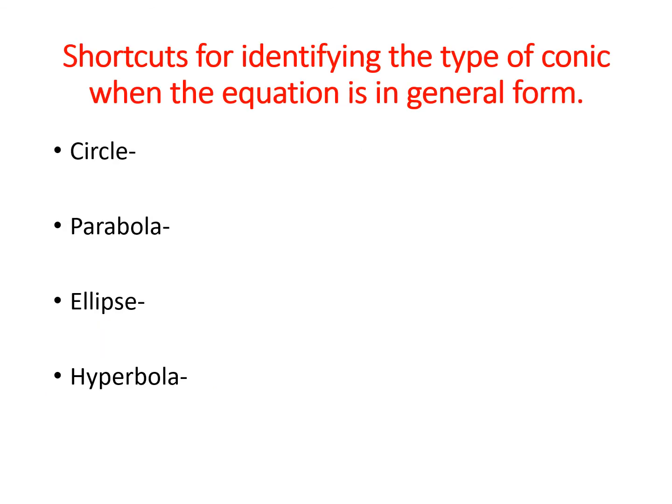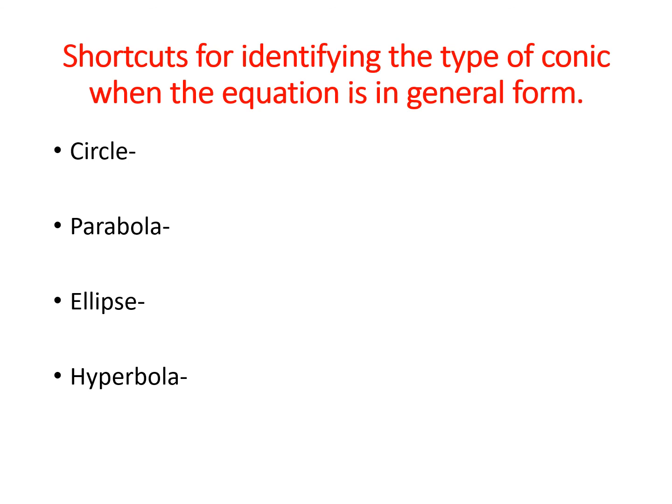So to finish us up today, I'm going to go through some shortcuts of how you can identify the type of conic section if the equation is written in general form and you don't want to go through all the completing the square to put it into standard form.